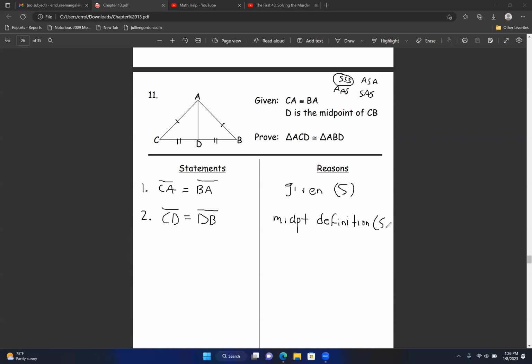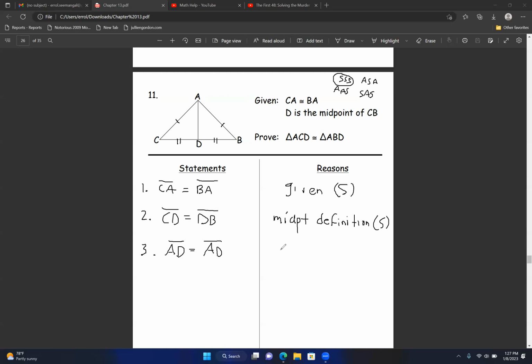And what's the third side? AD equals AD. And what's the reason? Not because they're midpoint, but this line equals this line on both triangles. Some schools will teach you that it's common, some will say reflexive. Which one did your teacher say? We didn't learn this one yet.